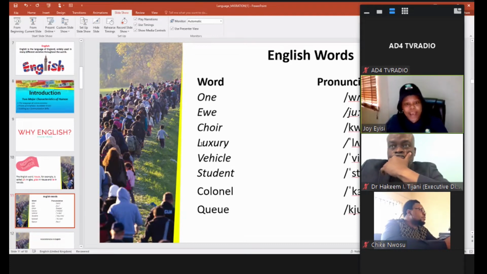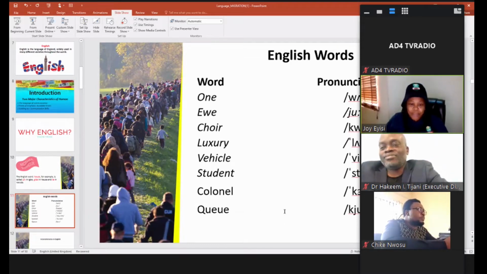Another word we have is luxury. Luxury. Look at the spelling. Look at the pronunciation. Vehicle, student, canal, queue. One wonders what these letters are doing in the word queue, because the single letter Q could have simply done the bit of the pronunciation.